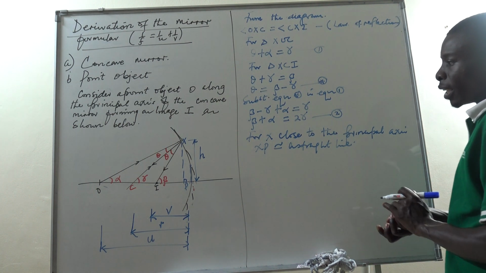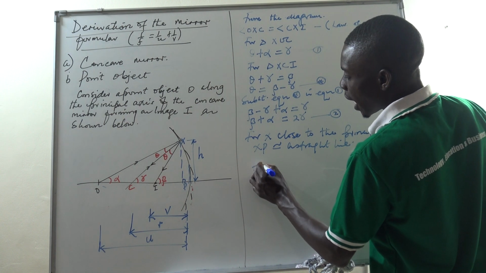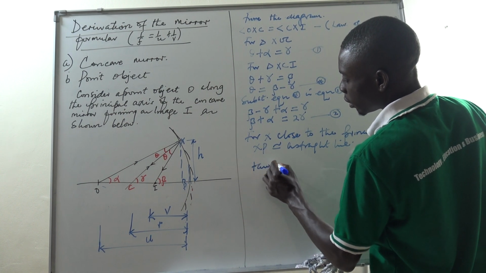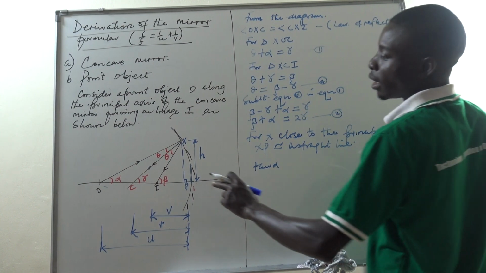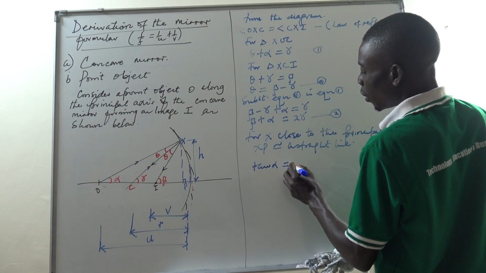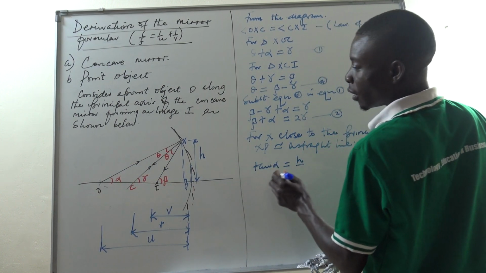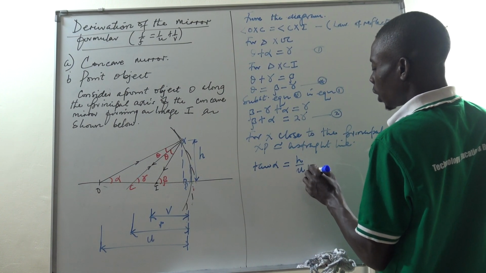So we can now also say from this very triangle, tan alpha is the same as opposite over adjacent, which is h out of u.